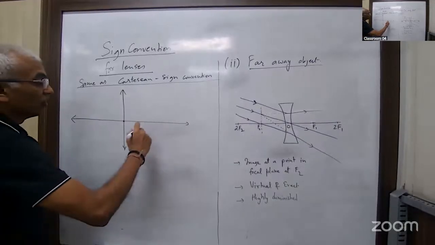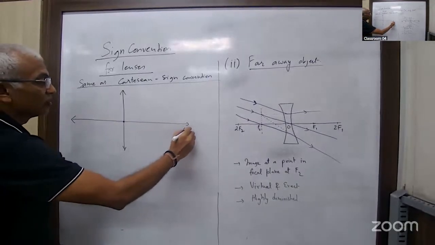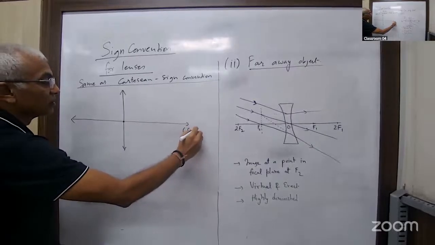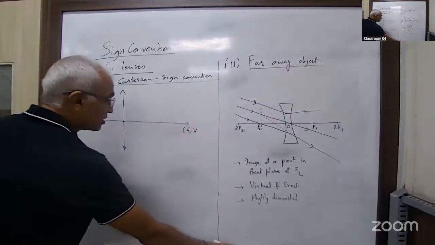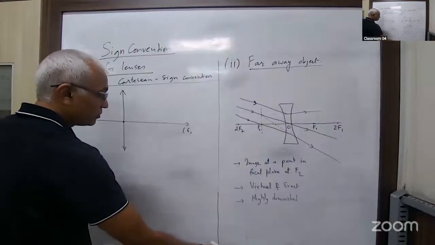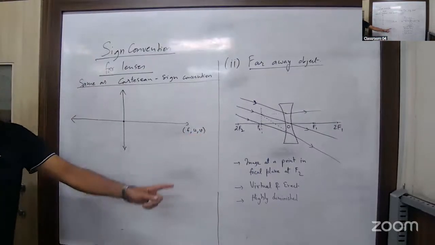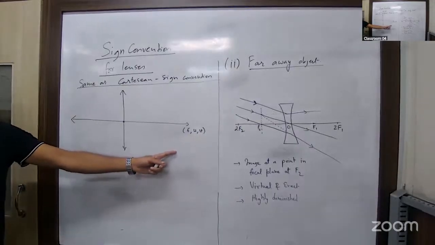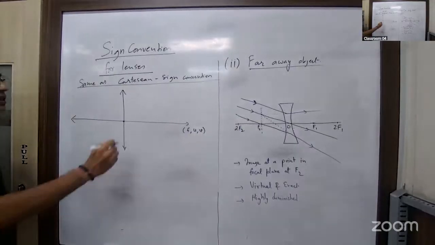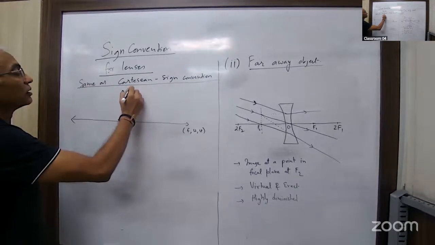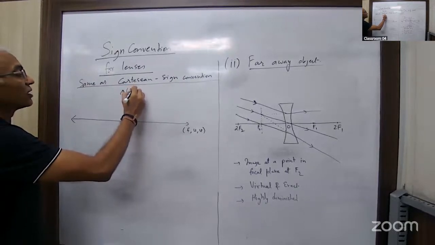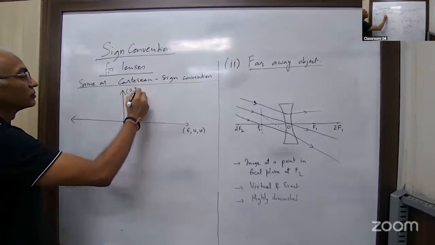On the principal axis, you measure focal length, object distance and image distance. These three things are measured on the x-axis. And on the y-axis, you will measure the size of object and size of image.